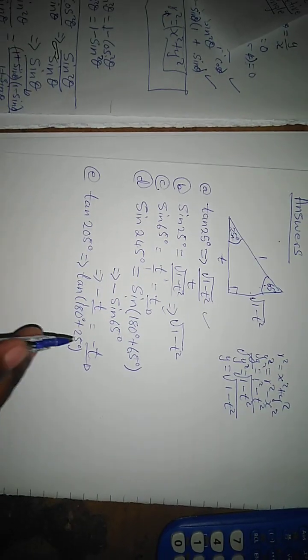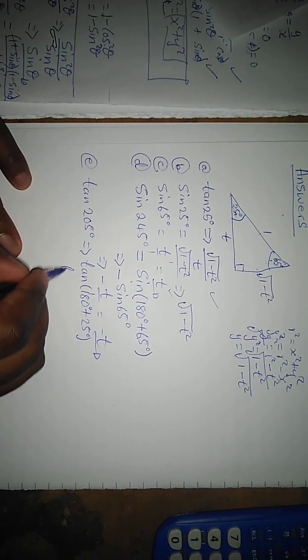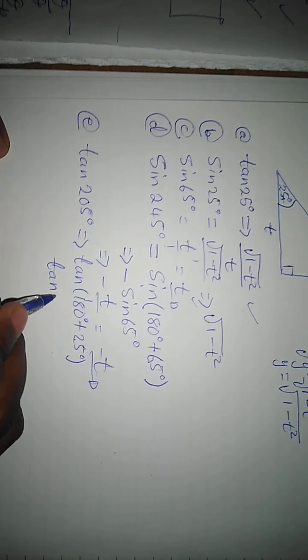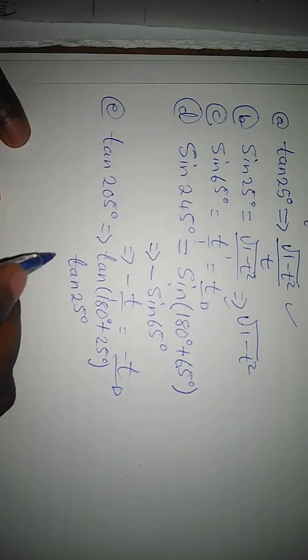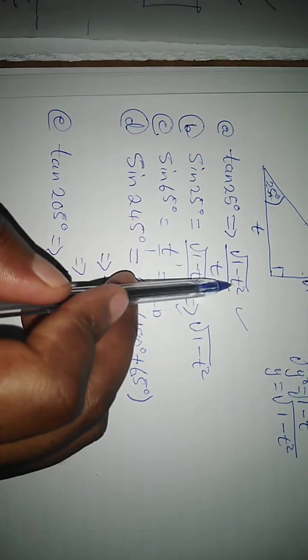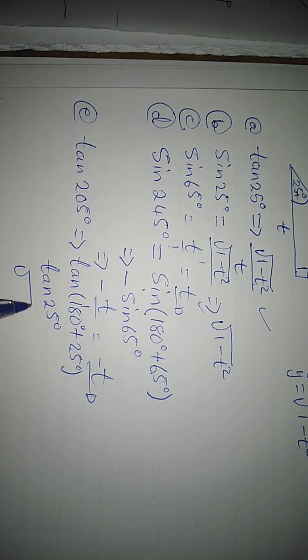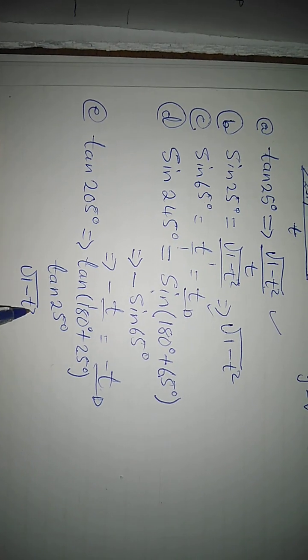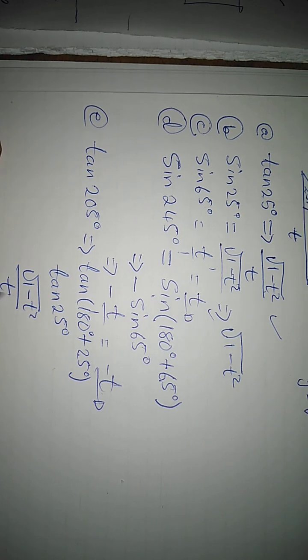How is tan in this quadrant? Tan is positive, so I will have tan of 25, which we have written down: the square root of 1 minus t squared all over t.